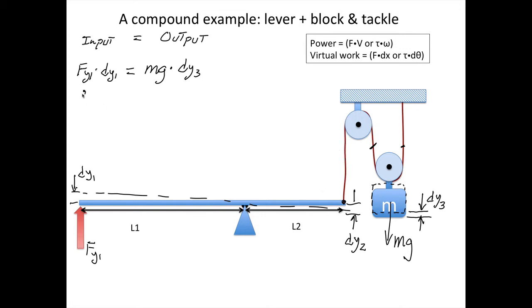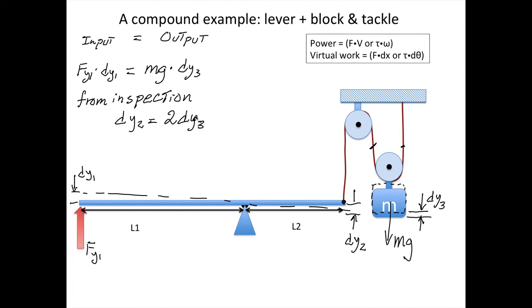So from inspection, and in a real machine you could actually just measure it, or if you had a CAD program you could simulate it, or you could use a ruler and work it out by similar triangles and other ways. By inspection we say, okay, dy2 has to be equal to 2 times dy3.